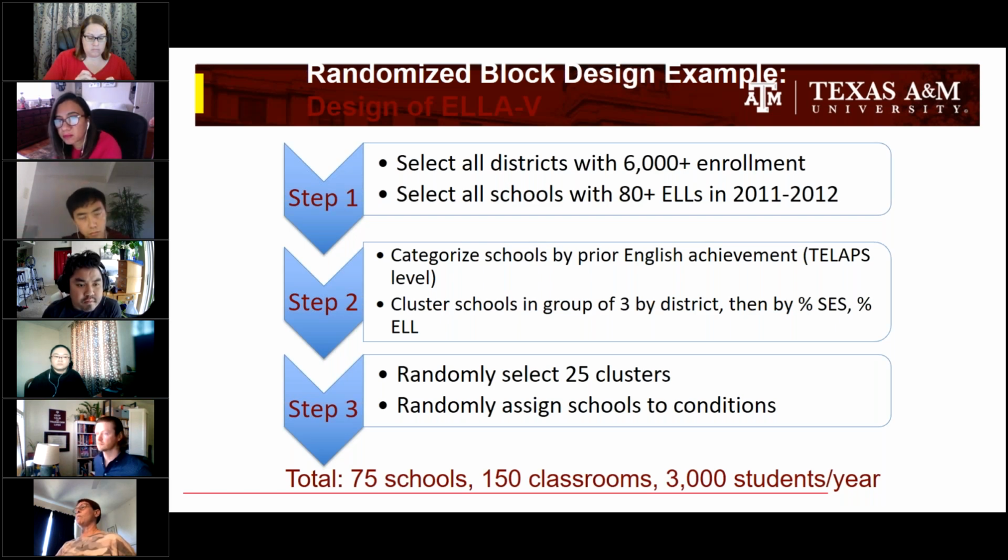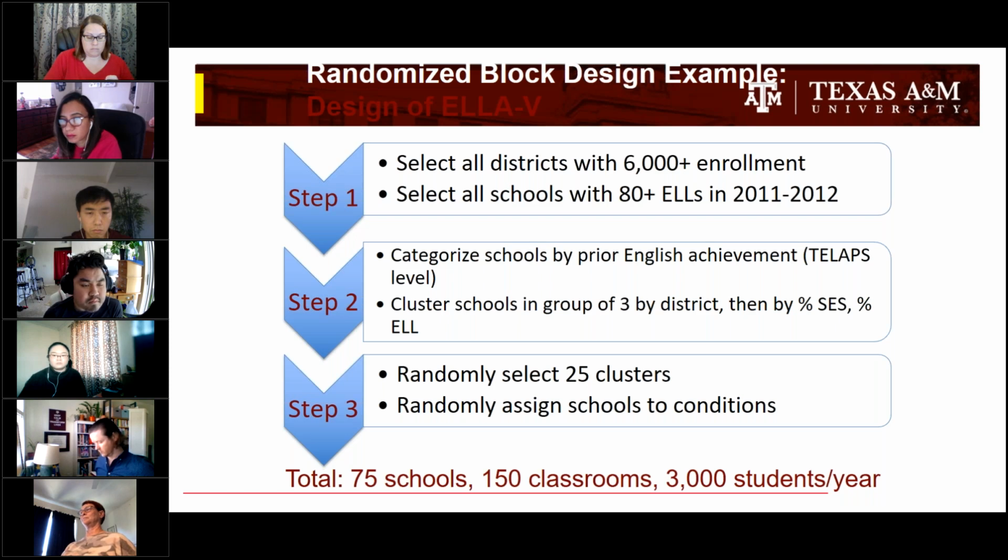We first did that 6,000 plus enrollment, 80 plus ELs, and so on, the year before, looking at those school districts. Then we did those 75, because we had these clusters of 25, with 3 schools in each district. So we were able to get the right numbers that we needed.